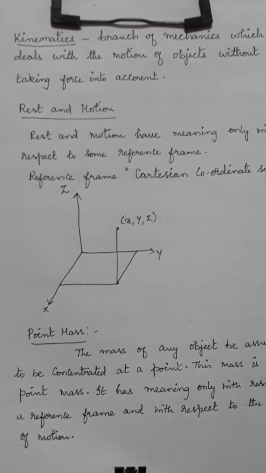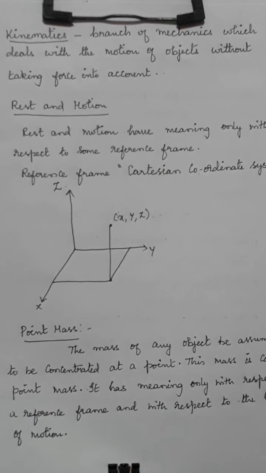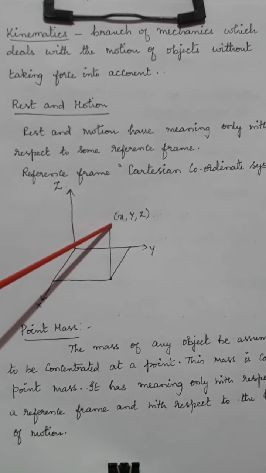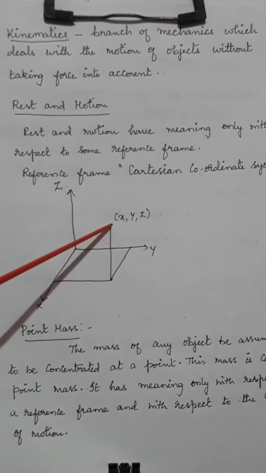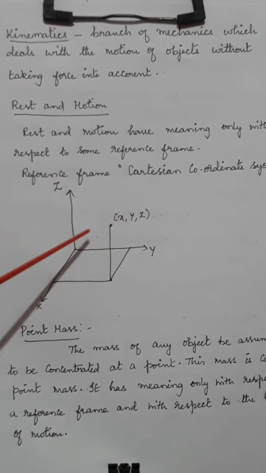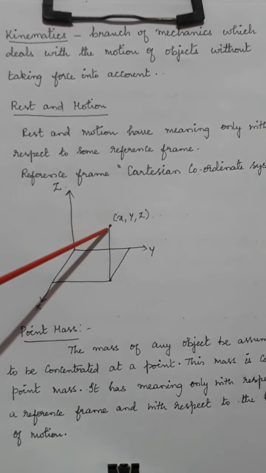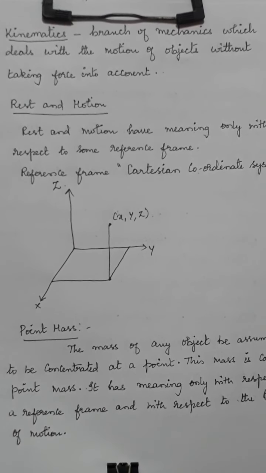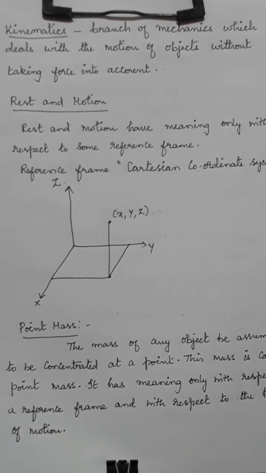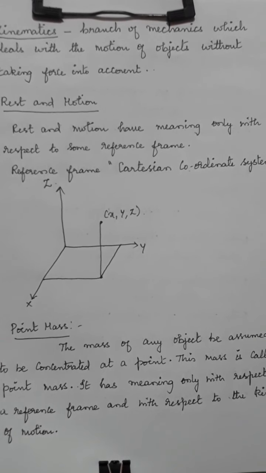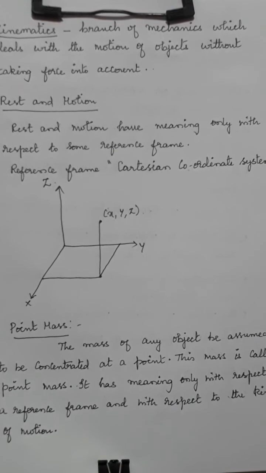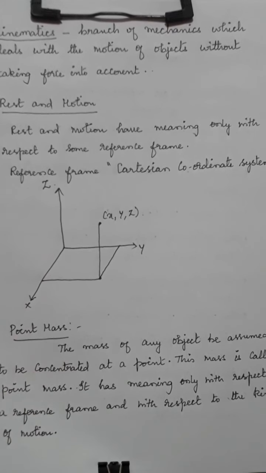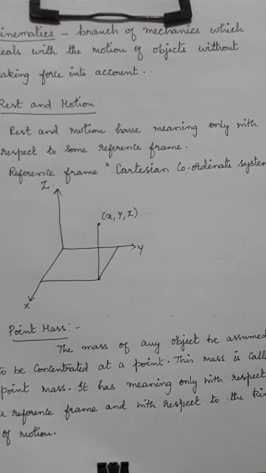Next definition is about point mass. Point mass is nothing but something that at every moment you consider to be concentrated at some point. You assume that it is concentrated at one point. For example, like center of gravity. At the center of gravity, you assume that all the lines from the mass pass through some point, called the point mass.